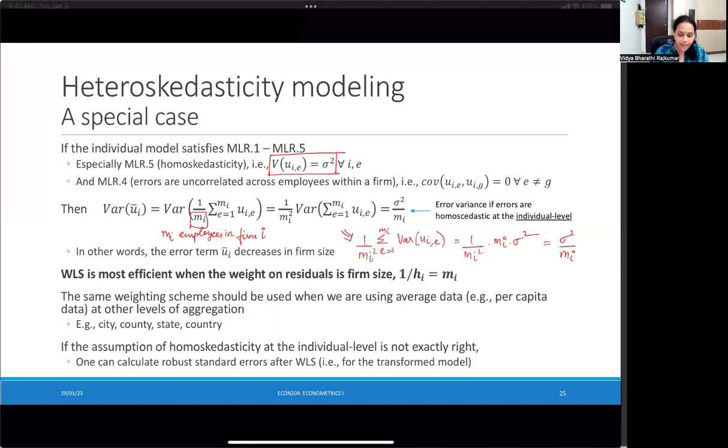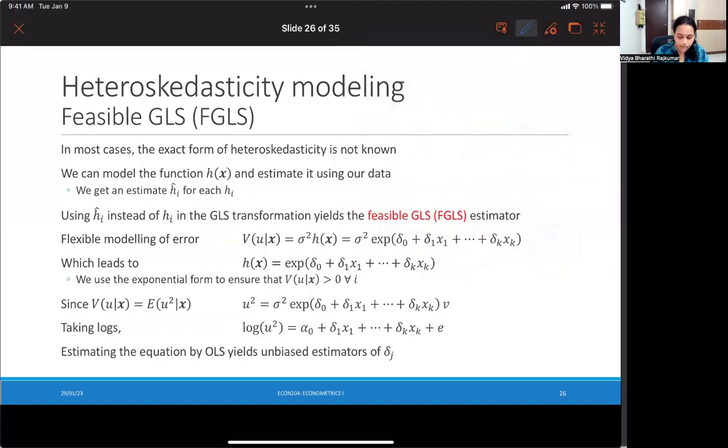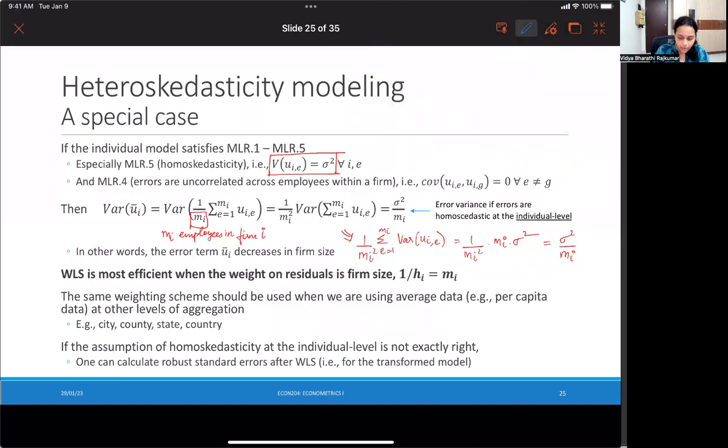You have to compare and contrast this with how we generally write the variance of u_i given x_i, in the form sigma square times h_i. If you compare these terms, your h_i is now 1 over m_i, or we can say that 1 over h_i is equal to m_i. So just the number of employees, a functional form of that, becomes our weight in the WLS model.